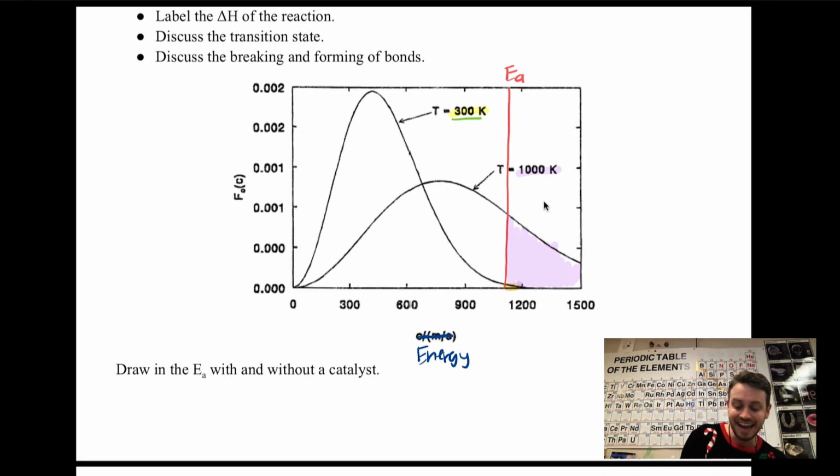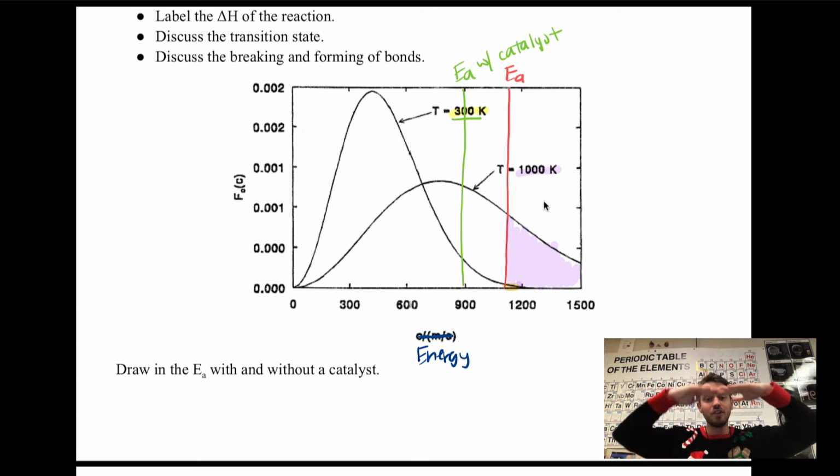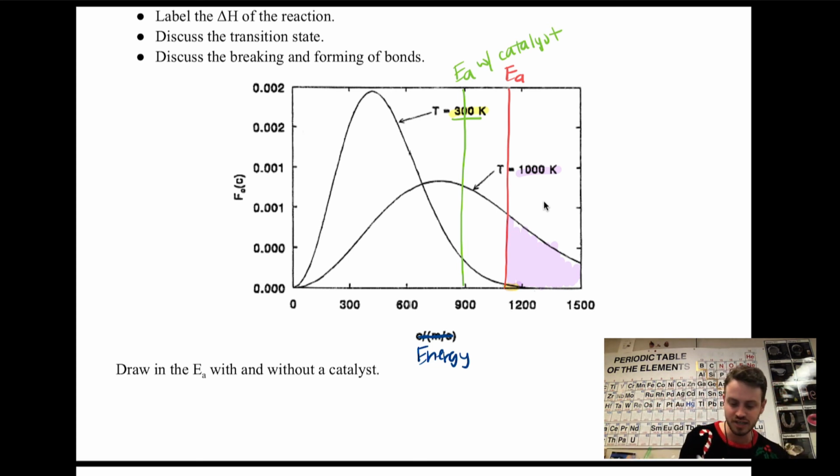Now, if I were to add a catalyst, that is going to lower my activation energy. If that lowers my activation energy, then I would have more successful collisions at both temperatures, so my number of successful collisions has overall increased.